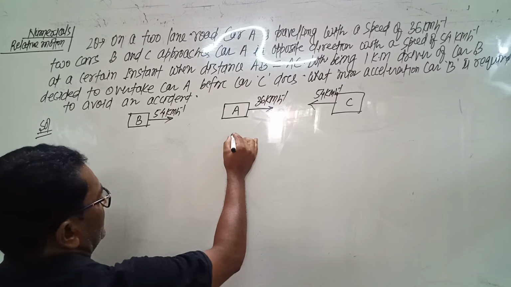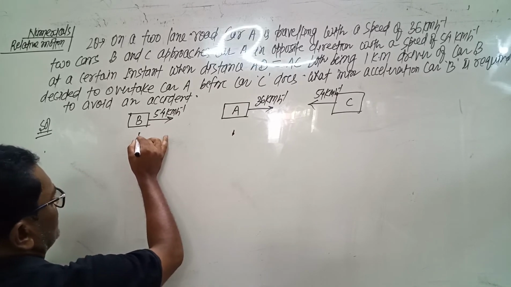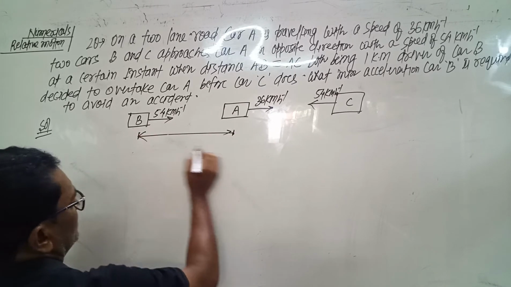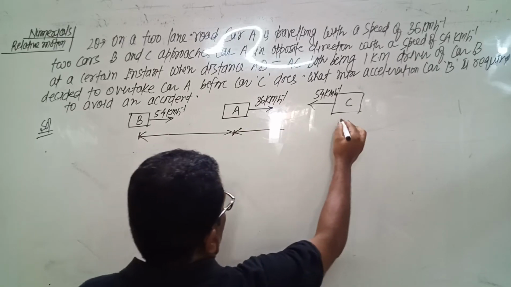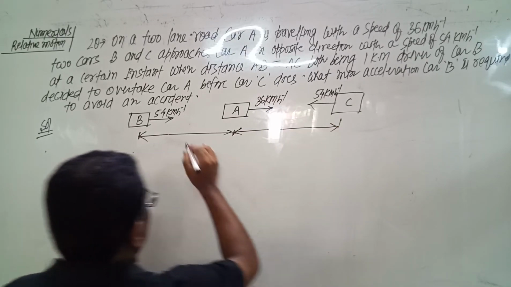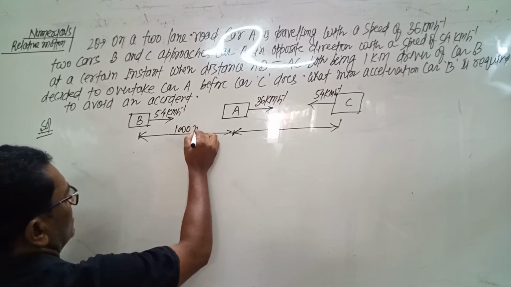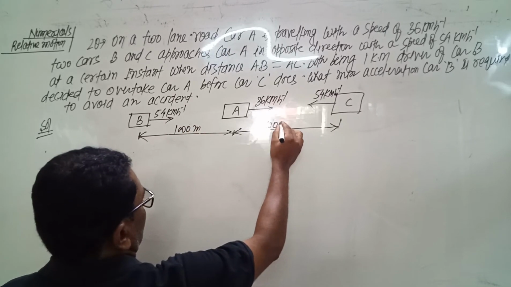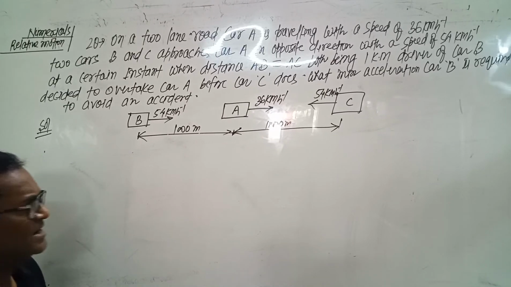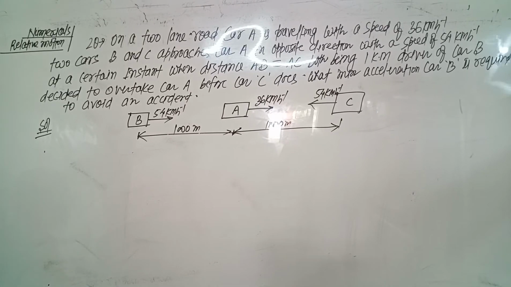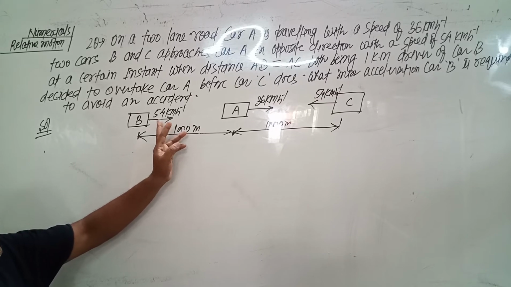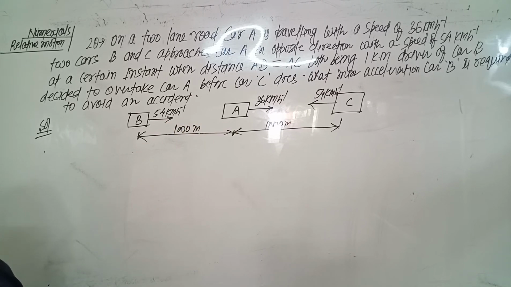At the certain instant, the distance AB equals AC, both being 1 kilometer, which means 1000 meters. B decided to overtake A before C touches. So what minimum acceleration is car B required to have to avoid an accident?